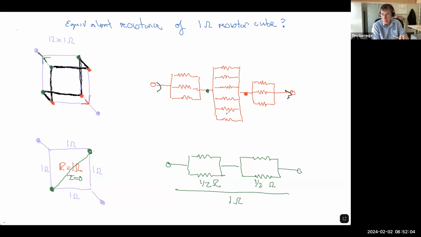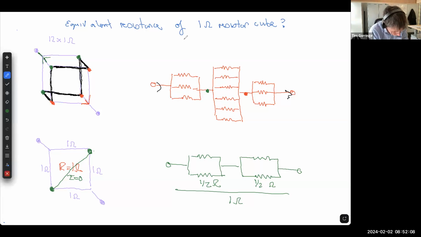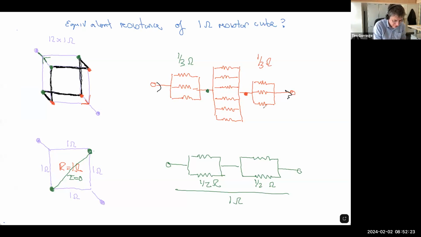That's 3. And you want the inverse of that to get the equivalent resistance. That's 1/3 ohm. So this is 1/3 ohm. This other resistance over here on the right-hand side, this is 1/3 ohm too. It's three resistors in parallel with one another.